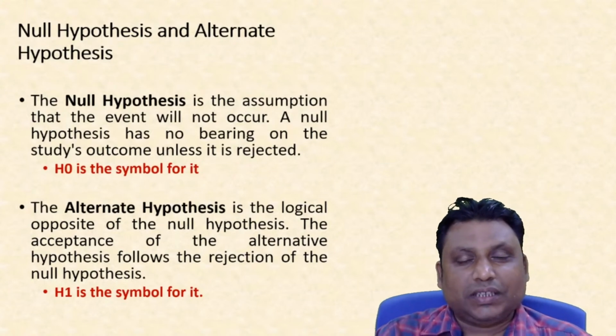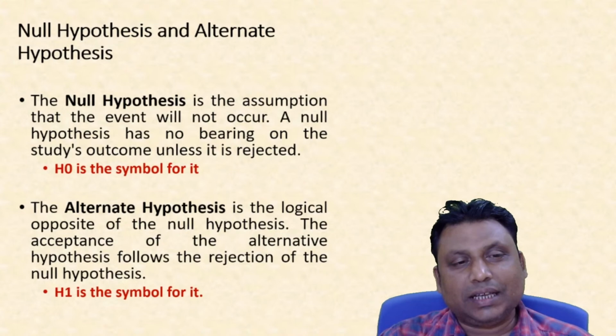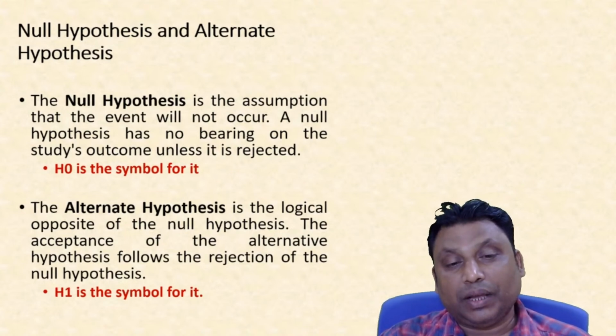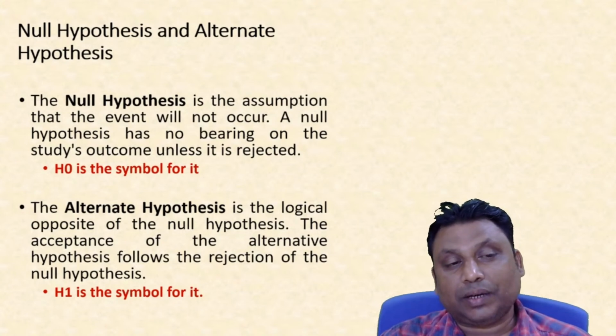The null hypothesis is the assumption that the event will not occur. A null hypothesis has no bearing on the study outcomes unless it is rejected. So when you are taking your null hypothesis, the assumption is that the null hypothesis is always accepted.